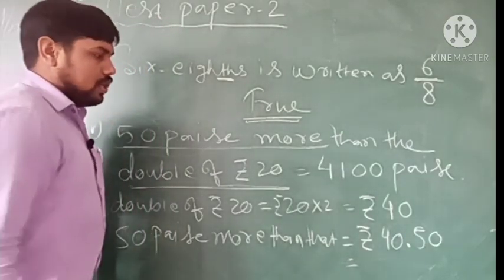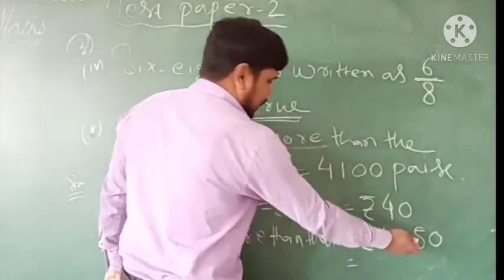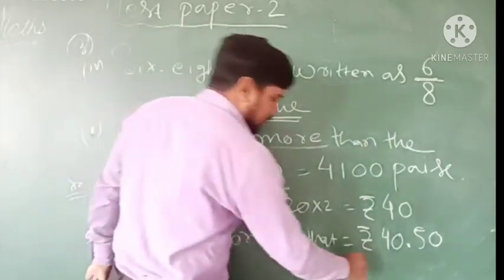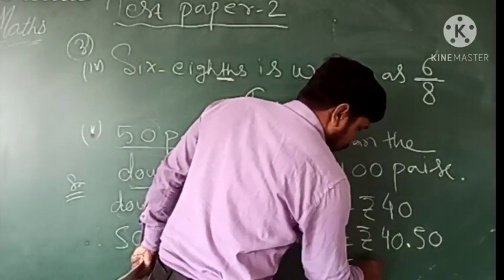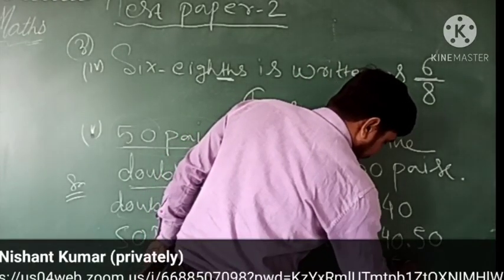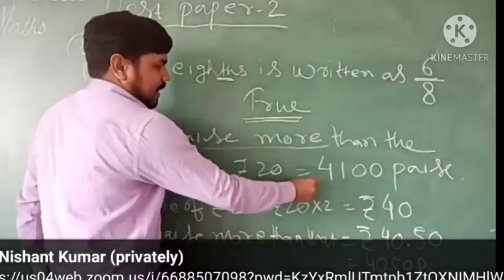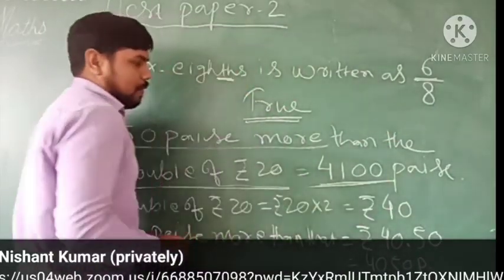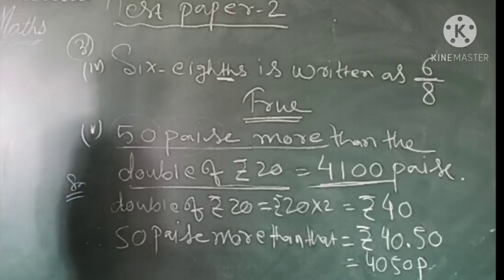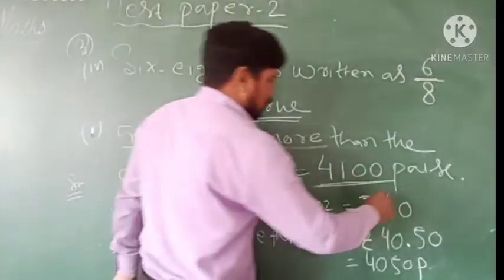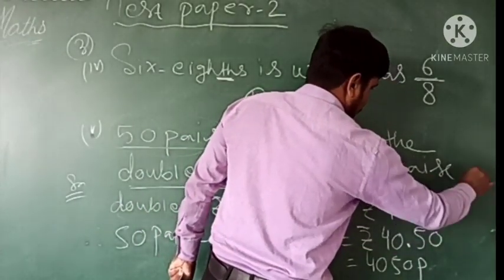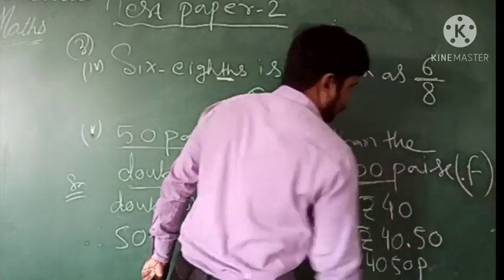So if you multiply by 100 and convert into paise, it will become 4050 paise. But here it is asking 4100 paise, which is not correct. So this statement will also be false.